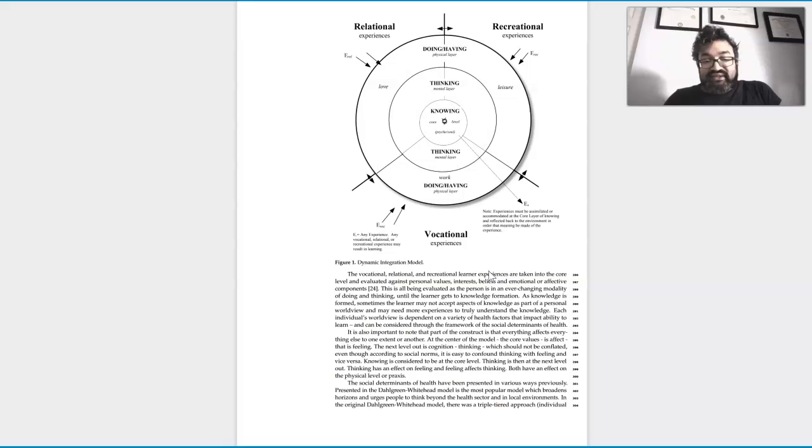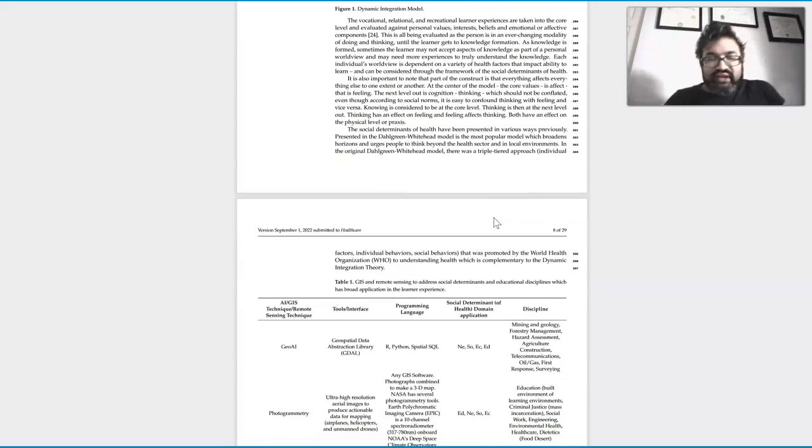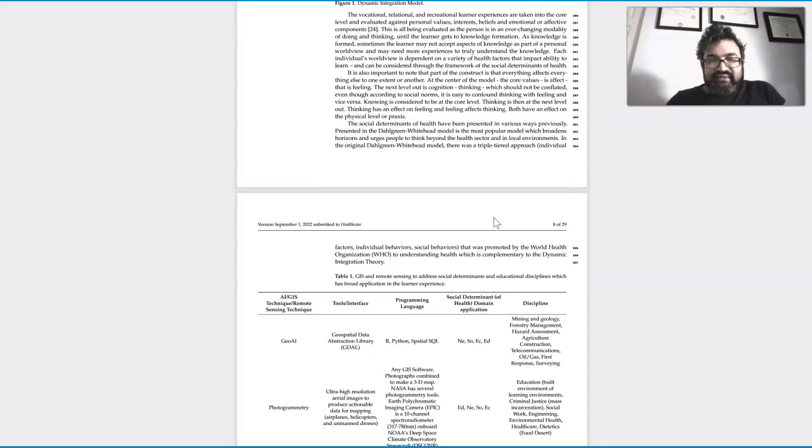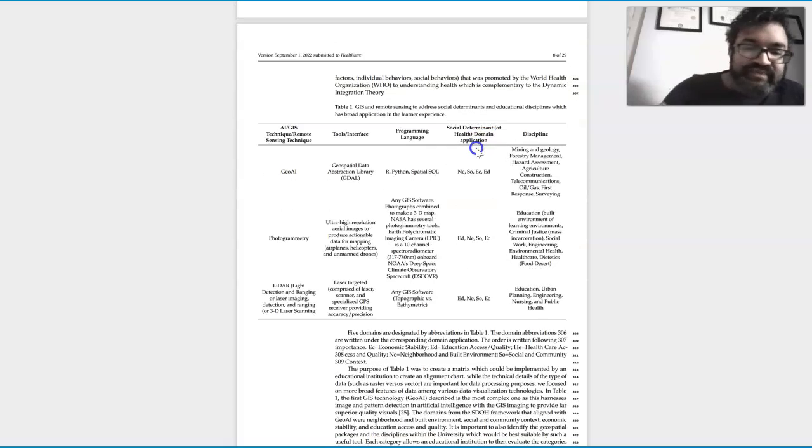In order to understand the physical level of praxis and also how affect is affecting cognition simultaneously, it's really crucial that we apply some of these models.